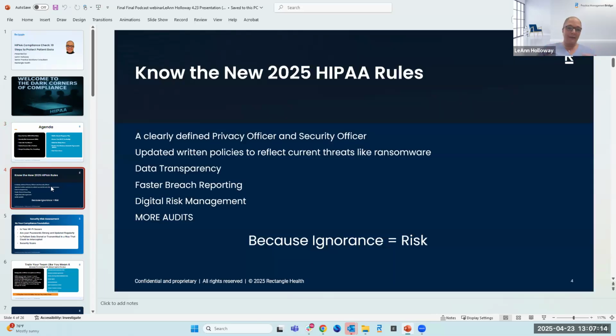I'm not one who likes to read a lot, but I do feel this is really important that you actually understand what the new rules are, what the proposals are out there for the new rules in 2025. NPRM, Notice of Proposed Rulemaking. HHS has proposed this, and we're pretty sure that it is going to be coming out this year.